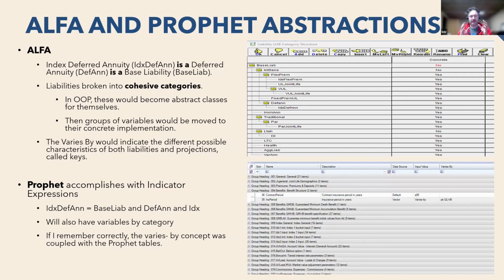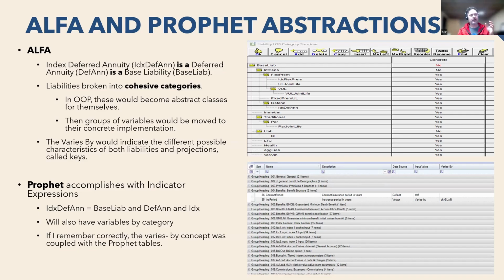I think it's embedded within the Prophet tables, because when you go to a Prophet table training, the first thing you will do is spend 2 or 3 days learning how to make the Prophet tables to feed the systems. But in ALFA, the varies-by is with the variables, and they have a similar concept. Even if that's not true, let's pretend that it is, because I want to compare and contrast that way.